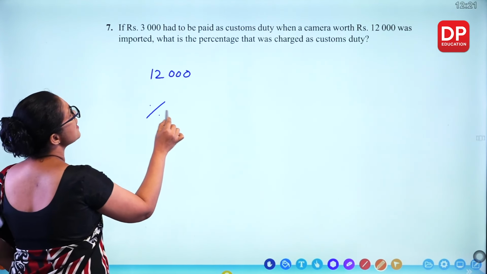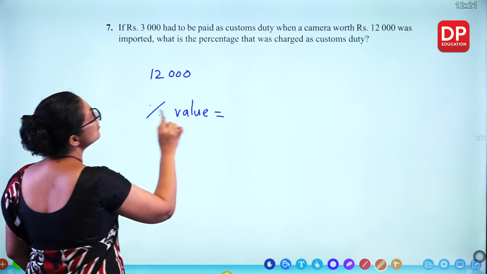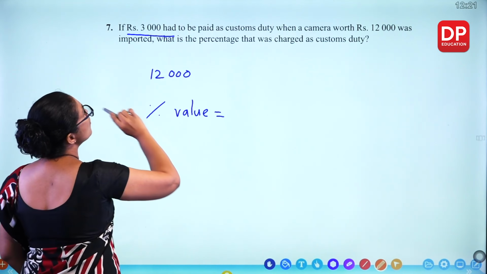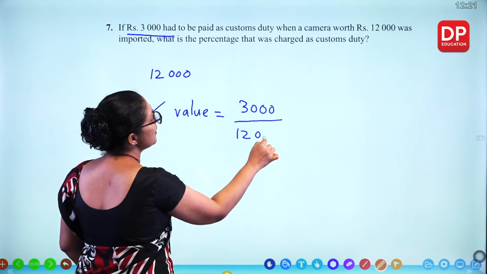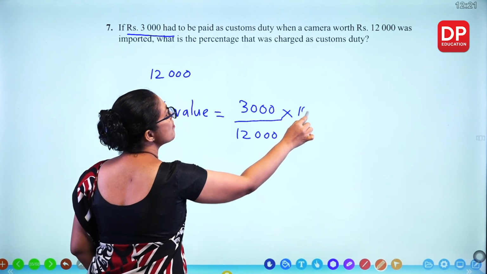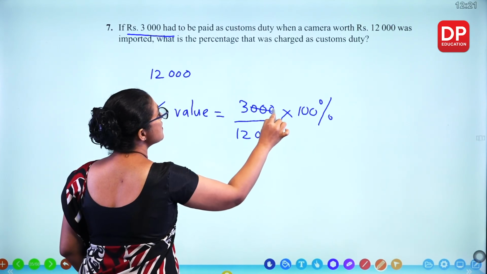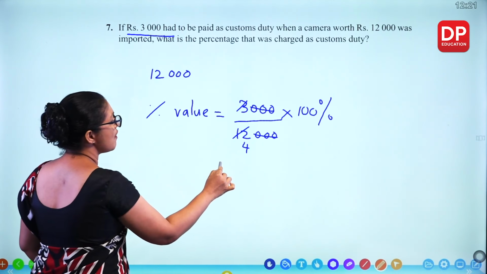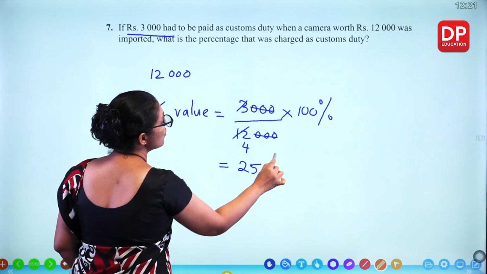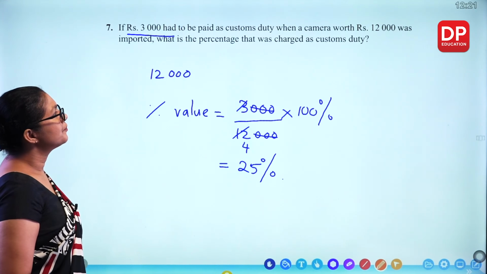So percentage value is equal to, you have to pay 3,000 for 12,000 rupees. As a percentage, you multiply by 100. 3 zeros, 3 zeros, 3 times 4, 100 divided by 4, 25% you have to pay as the tax value.